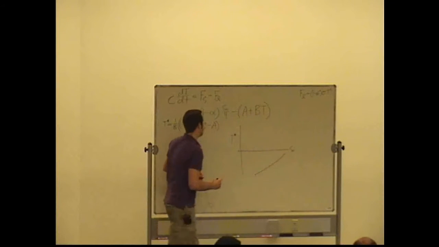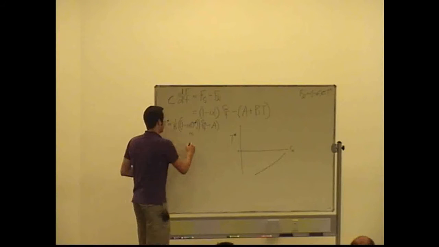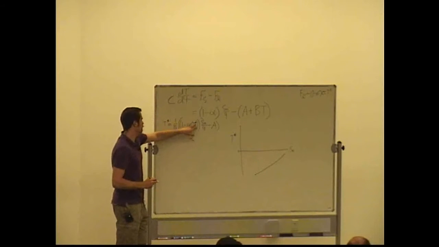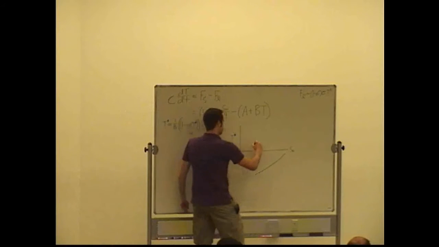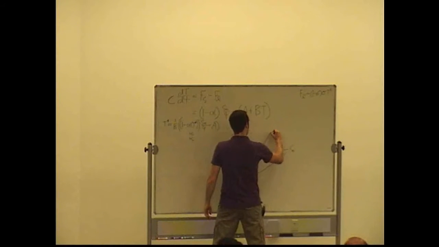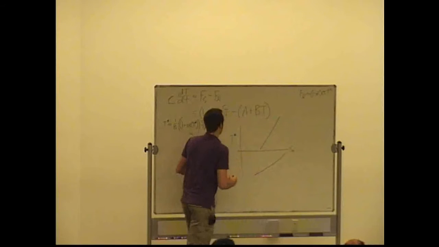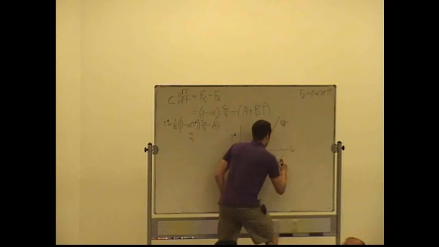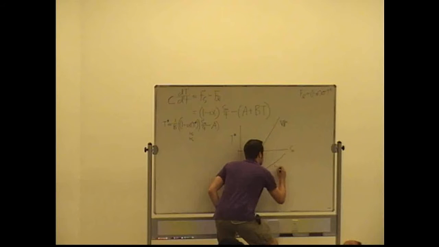And then at warm temperatures, we're going to have a value of alpha warm here. Since alpha warm is small, this is going to be higher, and we're going to have a steeper slope, like this. Okay, so this slope is 1 minus alpha w over 4b. And this slope is 1 minus alpha cold over 4b.